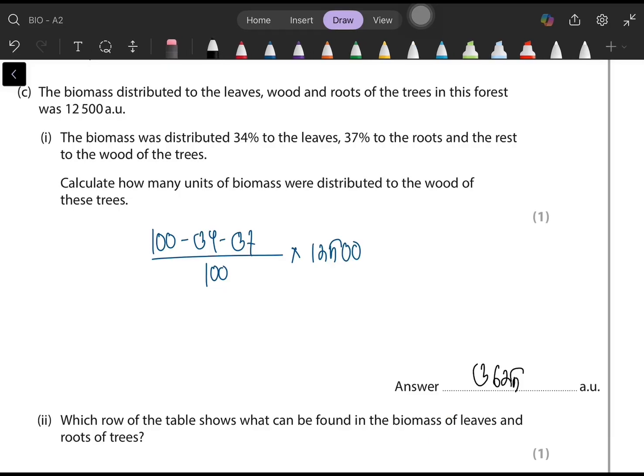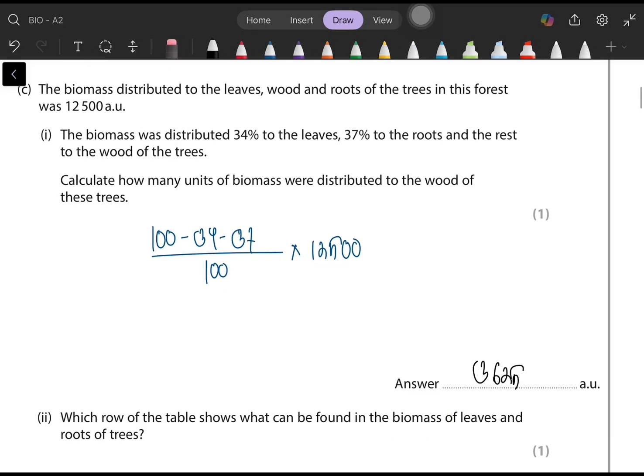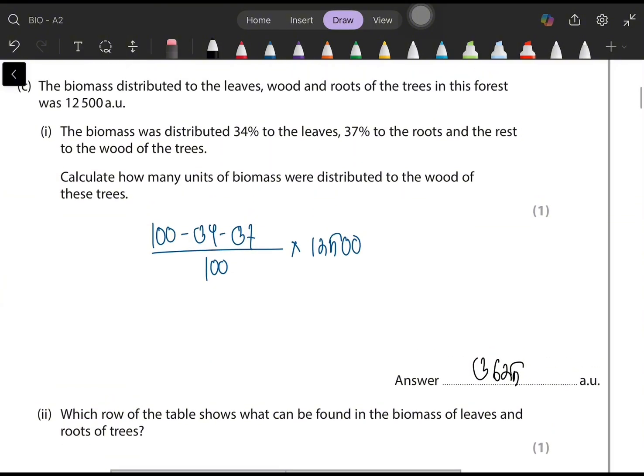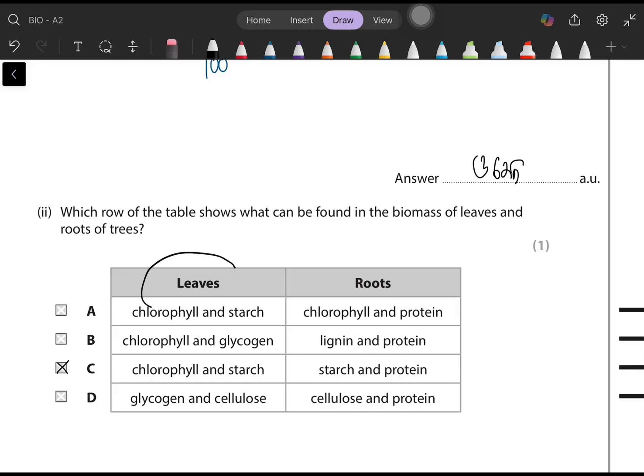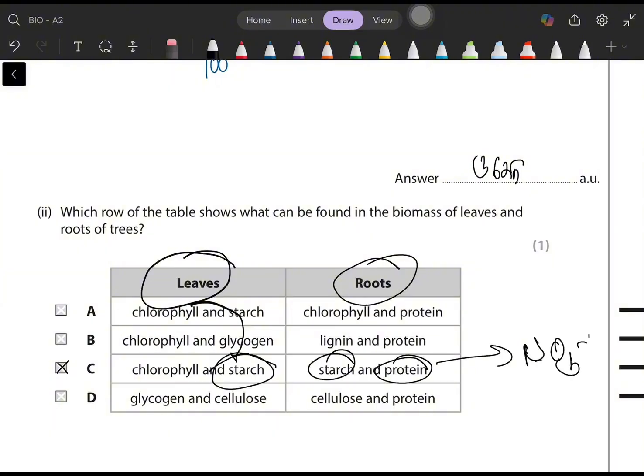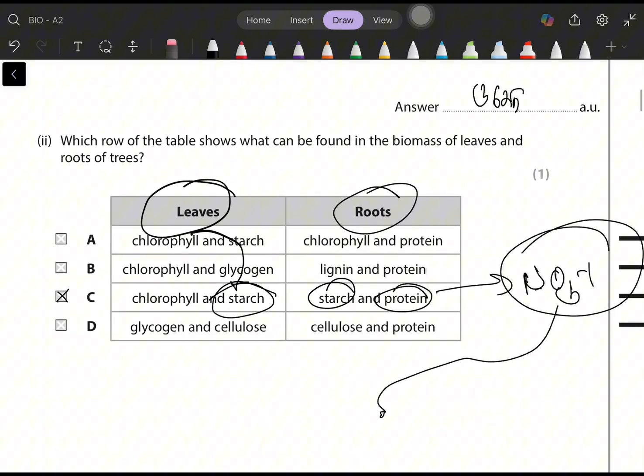So which row of the table shows what can be found in the biomass of leaves and roots of a tree? In the leaves we can get chlorophyll and starch, and in the roots we are going to get starch and proteins, because the roots take up nitrate ions from the soil, and these nitrate ions combine with sucrose to form proteins.